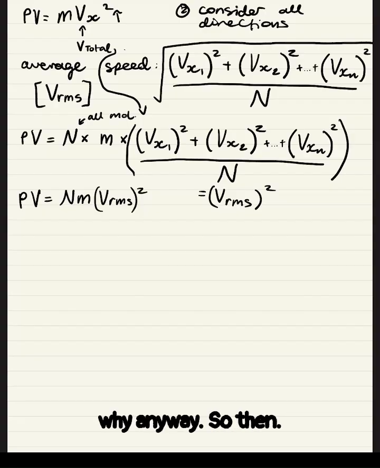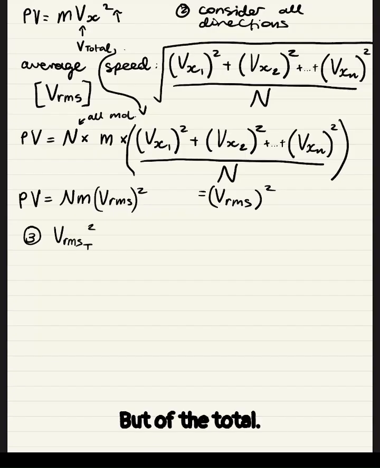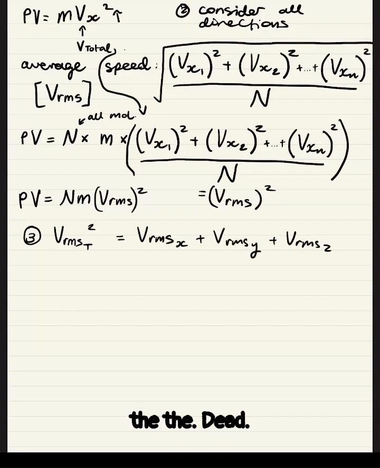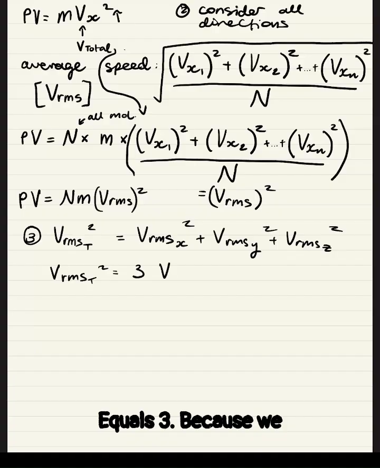Anyway, so then one more thing we have to do is we have to think about the v root mean speed squared, but of the total, which would include the vx, vy, vz, where this is all squared by the way, equals 3.